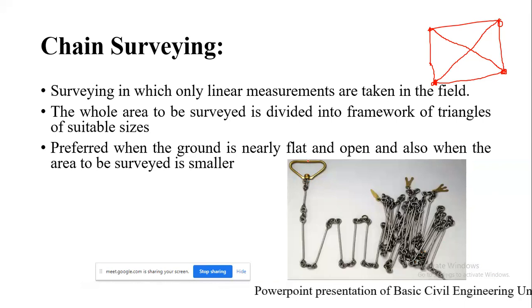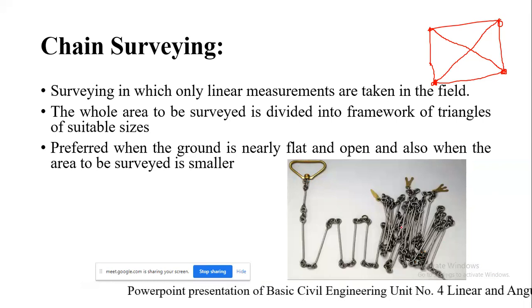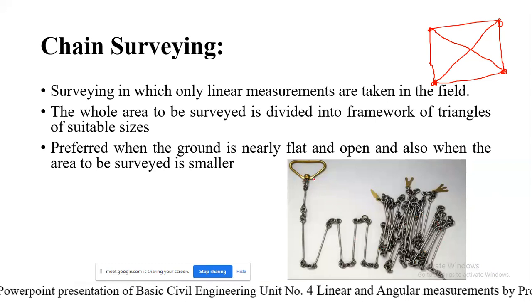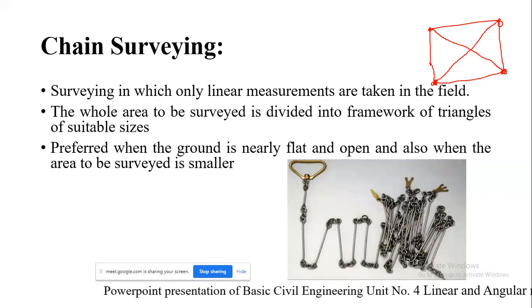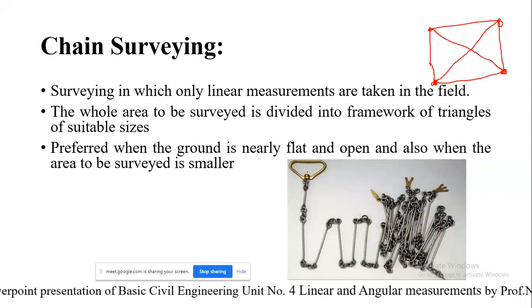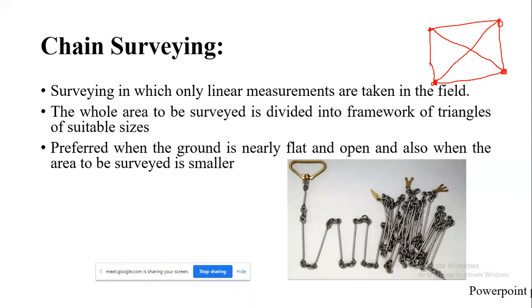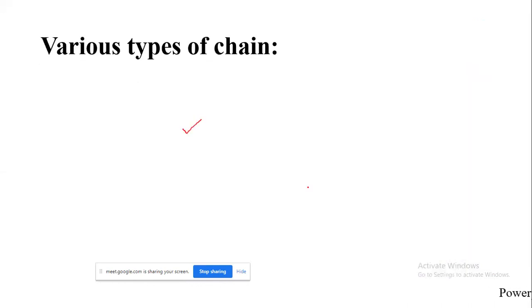If you want to determine the length of this entire chain, it has been engraved here. This is the brass handle, and here is a swivel joint, which allows us to rotate this brass handle through 360 degrees about this link.